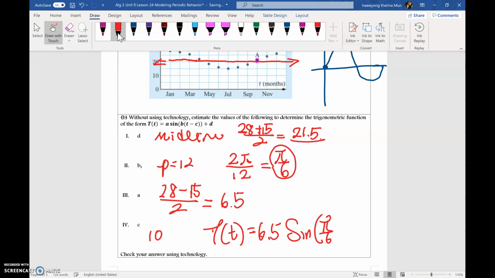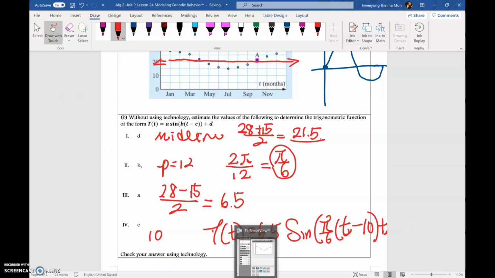Make sure you put the parentheses appropriately. t, because we're writing in terms of t. And then minus, the shift was to the right, so it's going to be minus 10. And then we're going to shift it up, so it's going to be plus 21.5. I think you got that, 21.5, even though it's erasing on my screen.